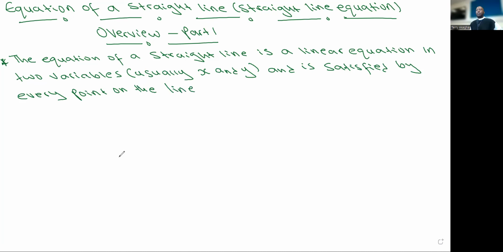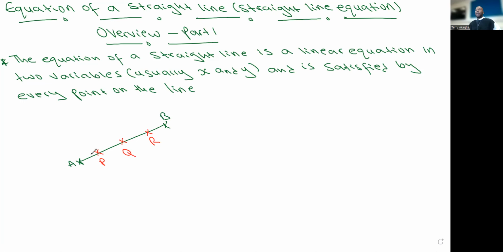So that means if, for instance, I have this line AB, from point A to B, and I select a point here, and here, and here, so I select point P, point Q, point R on this line.